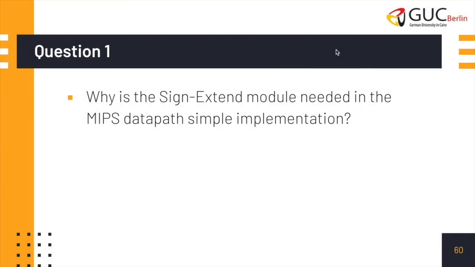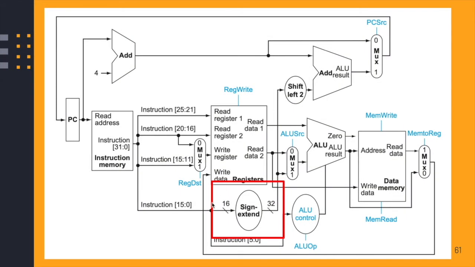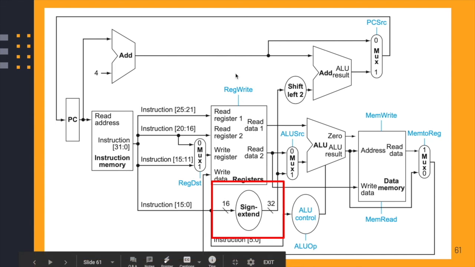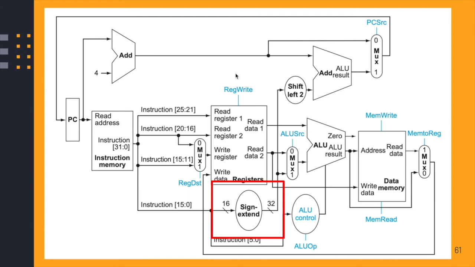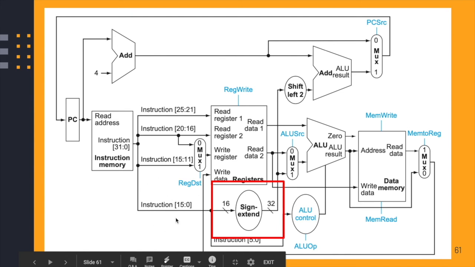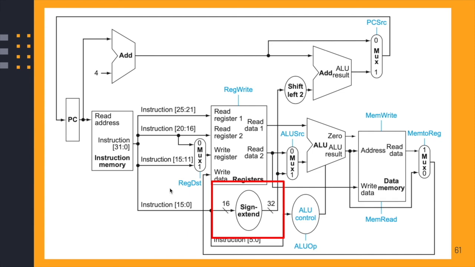Our first question was, why is the sign extend module needed in the MIPS datapath simple implementation? If you can remember, we had here the sign extend, and I'm pretty sure I stated the functionality of the sign extend multiple times. Why do we need sign extend? Because the immediate or offset value coming from the instruction is 16 bits, and all of our data and register values are 32 bits.